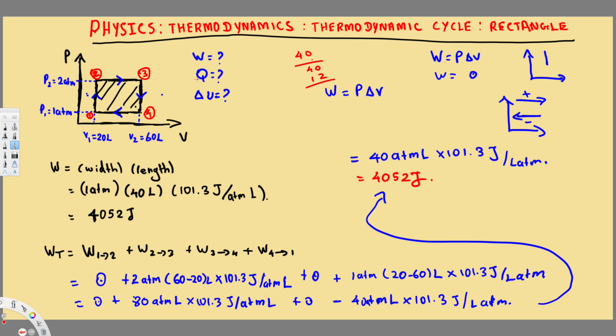And they are also asking for the total Q and delta U. And delta U is easy. Whenever we have a cyclic process, delta U is always 0. Right? Delta U is equal to 0.